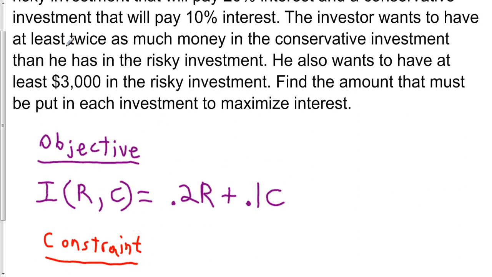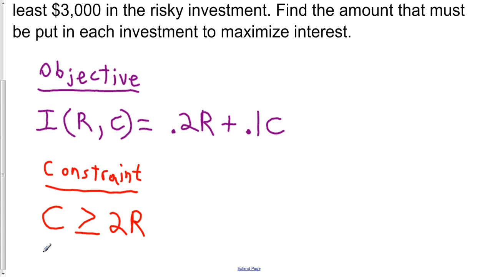The investor wants to have at least twice as much money in the conservative investment as he has in the risky investment. So that means the conservative investment is at least, or greater than or equal to, twice as much as the risky investment, 2R. All right? So that is one constraint that I have on my independent variables, R and C.